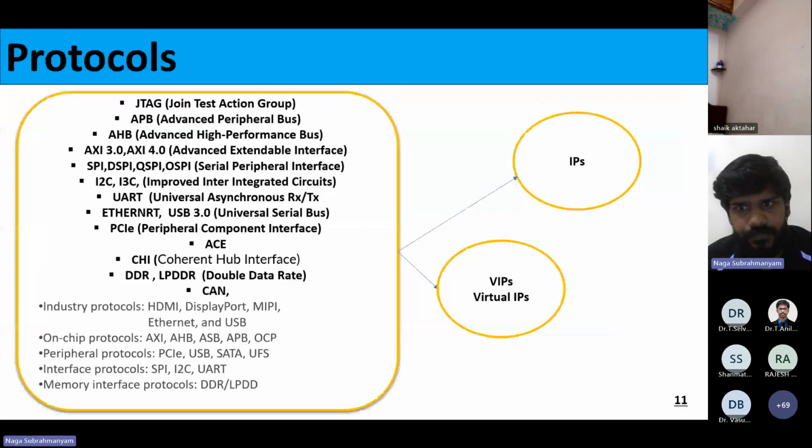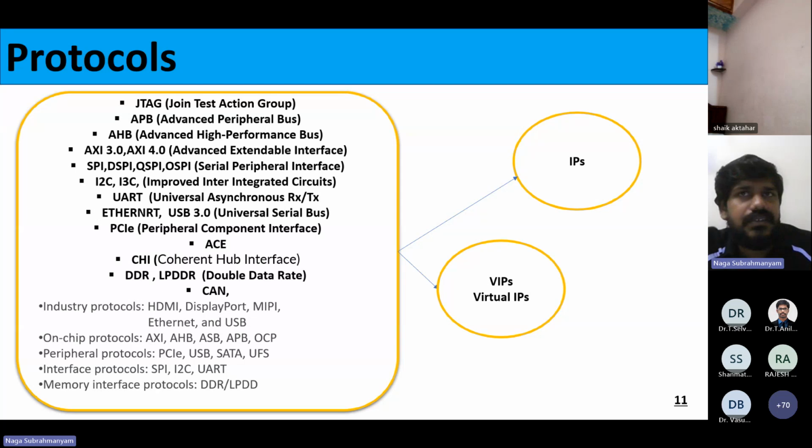So for all these IPs, in our verification we have VIPs. Okay, I'm talking about two different things here. If you see IP here, it is a design thing. If you see this VIP, it's a verification thing, right? Whatever operation this IP does, the same operation we will mimic in our verification environment.